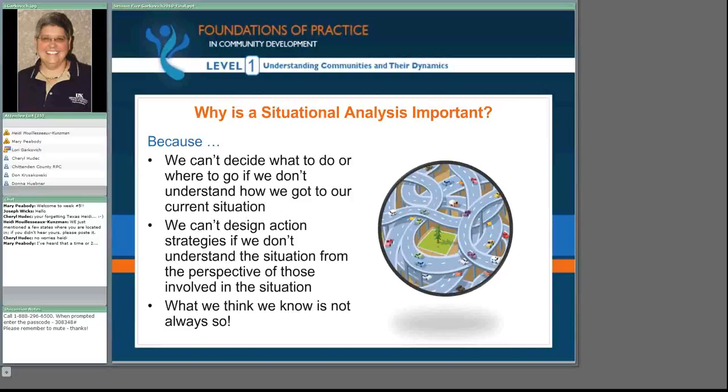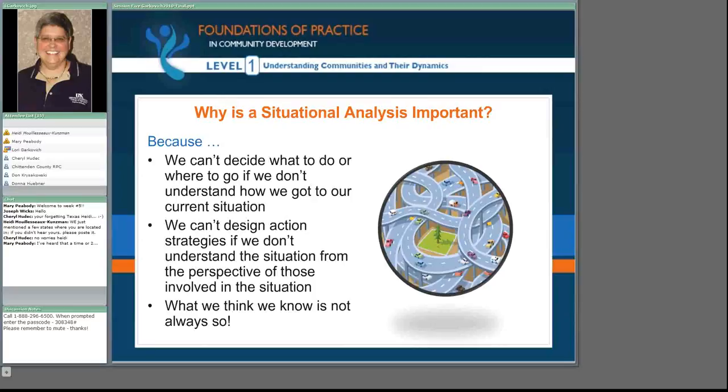If we haven't spent some time thinking about what has worked for us as a community in the past and what hasn't and why, we're going to end up trying to do something using the same methods and processes as in the past that maybe failed, and find ourselves going back into a cycle of effort and failure. So the situational analysis helps us begin to think about how did we get here?